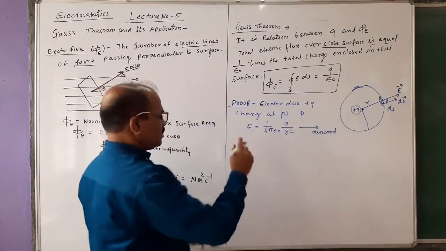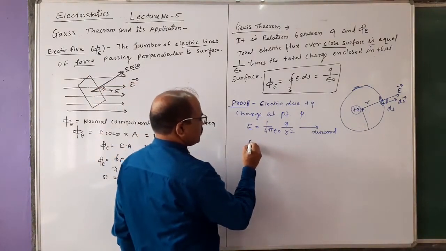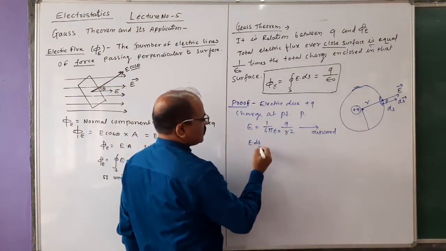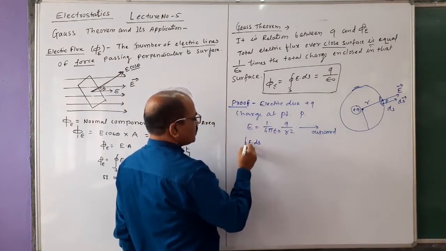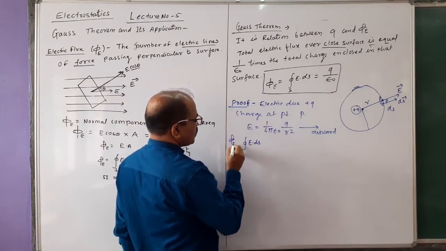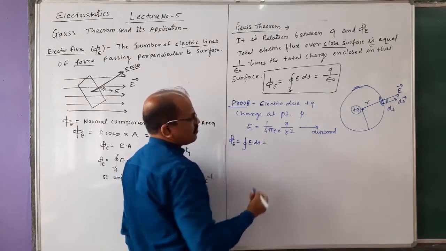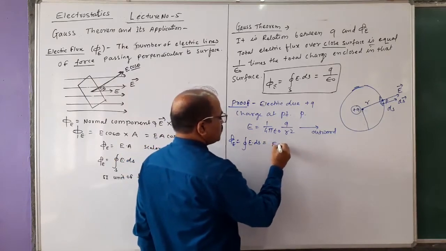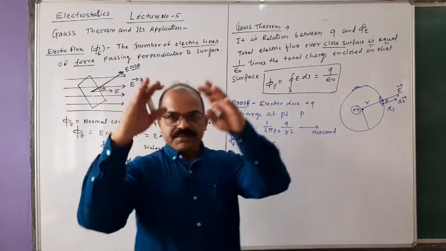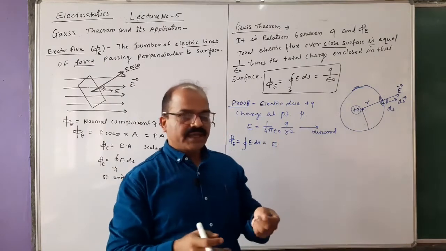So we have the integration of E dS. The electric field E is constant over the sphere, since the whole sphere has equal radius.